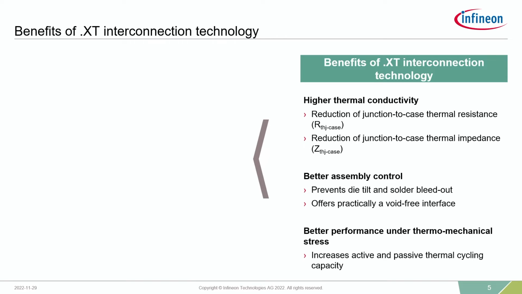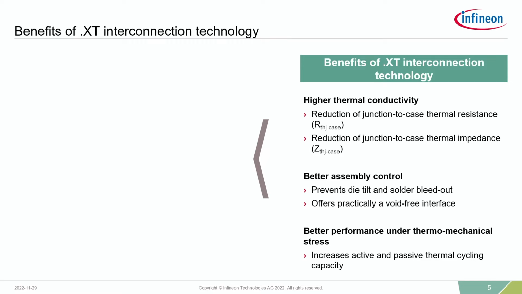That means better thermal resistance and better thermal impedance. The reliability performance is also improved during the assembly. What does that mean? It prevents die tilt and solder bleed, and also offers a partially void-free interface. In short, Infineon's .XT interconnection helps to improve thermal conductivity and reliability performance.